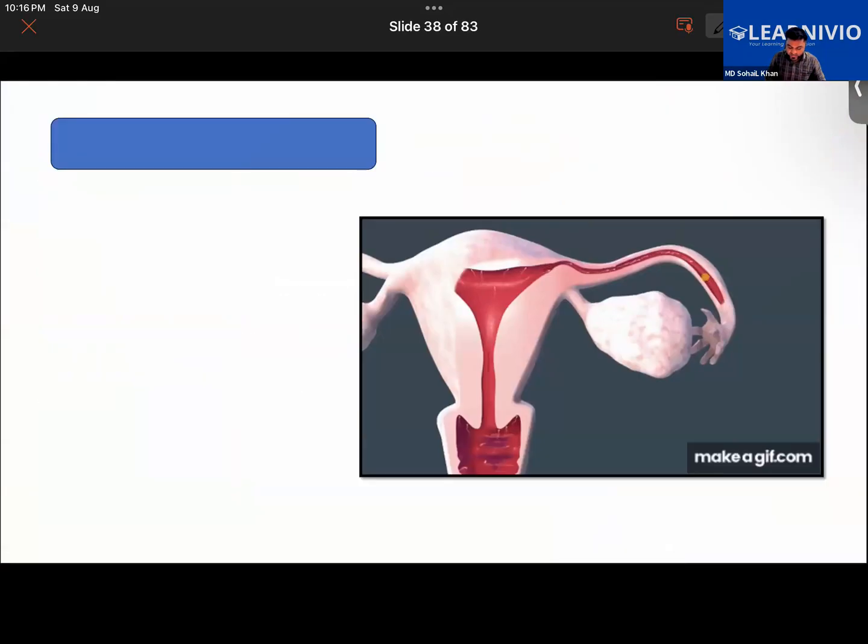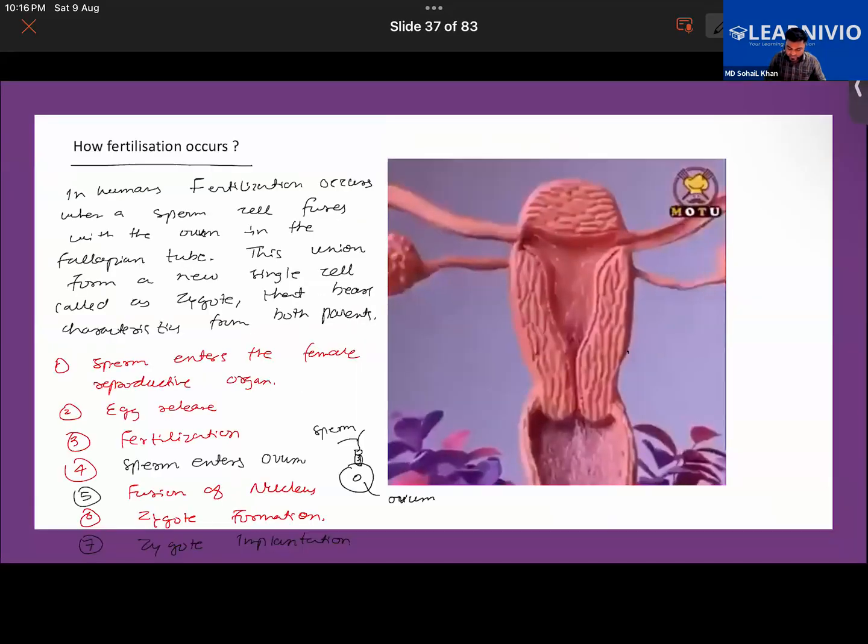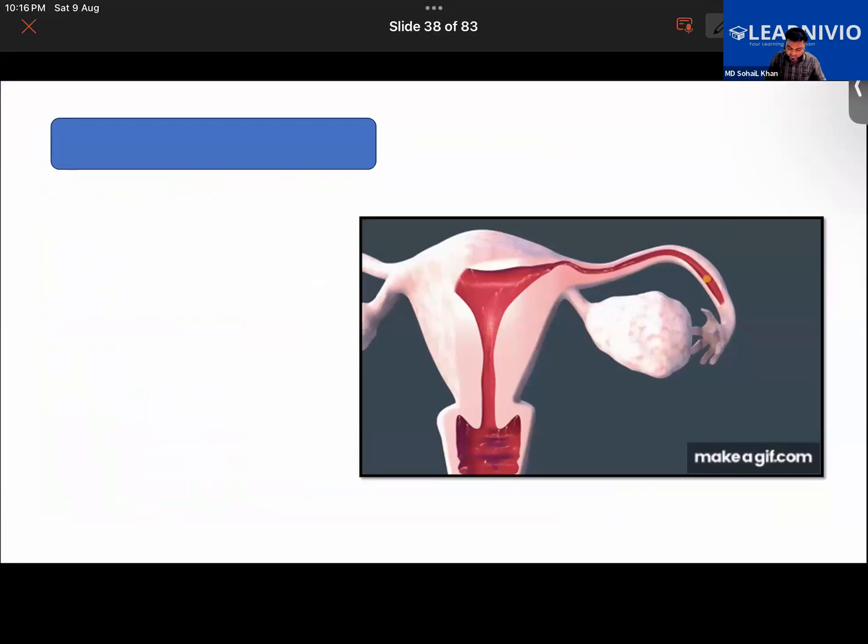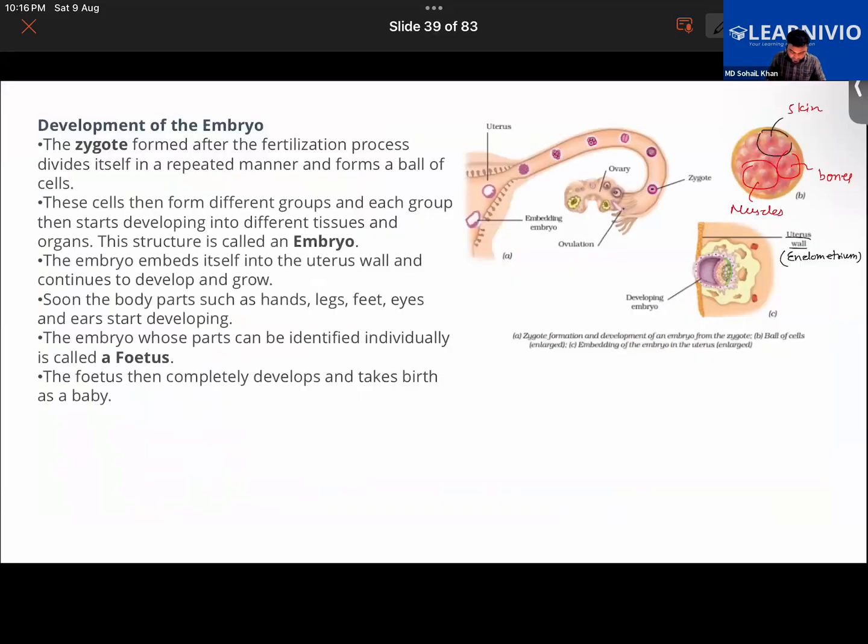Right after fertilization, we learned that the zygote starts to multiply repeatedly. Then it converts into an embryo. Later on, the embryo will convert into a fetus. At this stage, parts of the body are identifiable. But at the embryonic stage, the parts of the body are not identifiable.